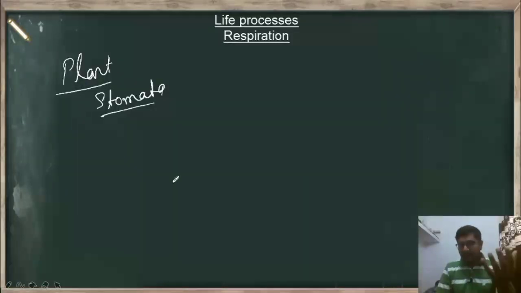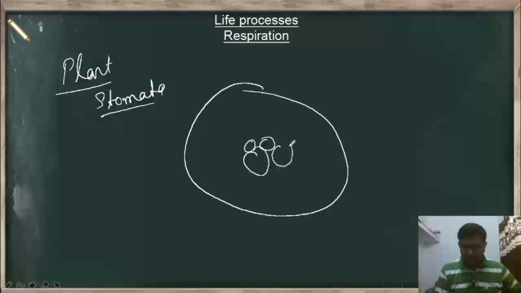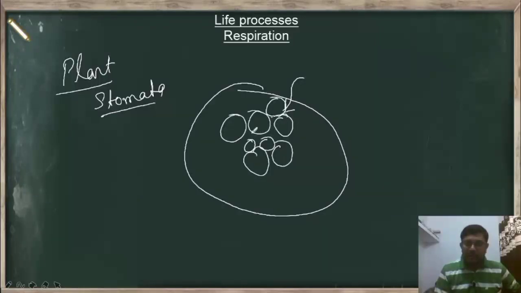When the gas enters the plant body, as you can see in this picture, they have large intercellular spaces. So due to the intercellular spaces present between the cells, the gases can diffuse easily in the plant body.